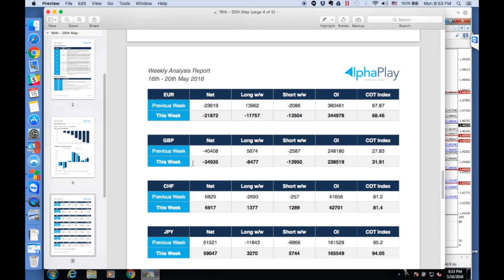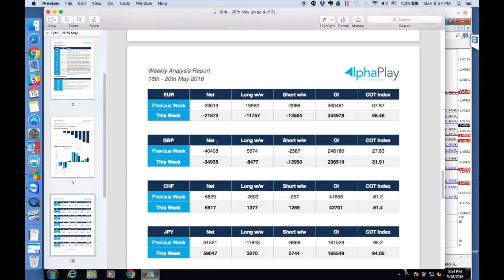Because net here is actually a summation, taking into account your total long and your total short. If long is more than short, it's positive. If short is more than long, it's negative. So when people exit their short, it contributes to positive net.